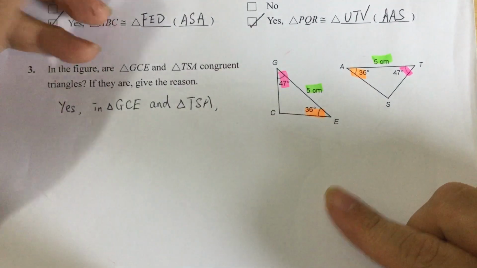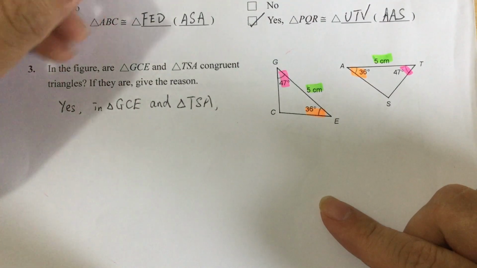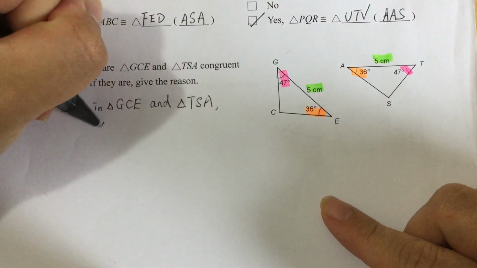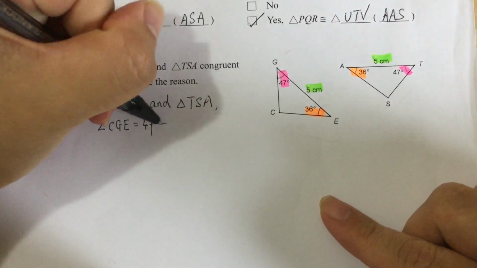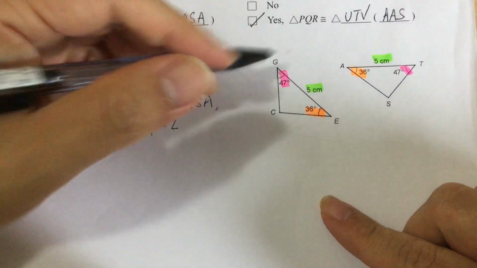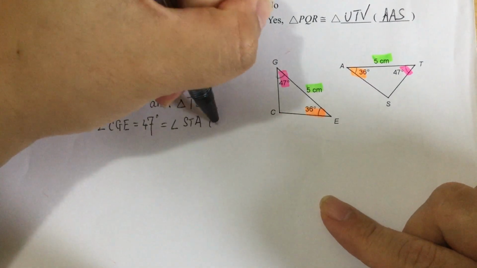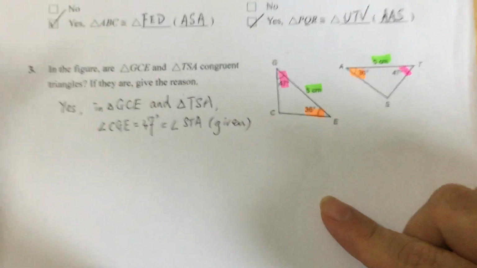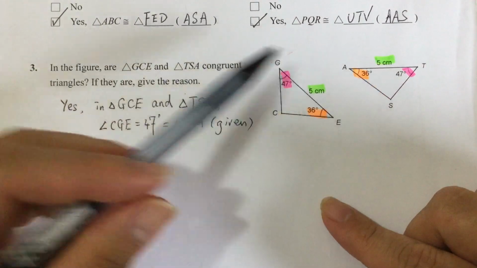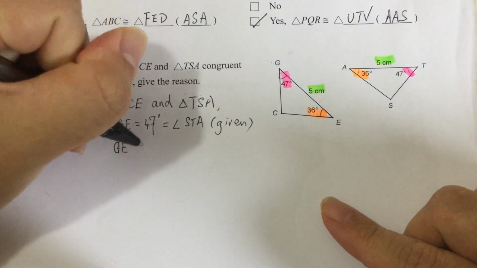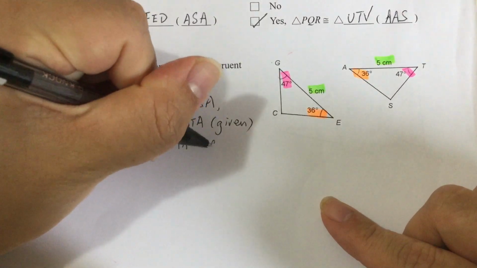Okay, we have two angles, so we write down all the conditions. The first condition is 47 degrees. So I write angle CGE is equal to 47 degrees, which is equal to angle STA. This one is given. What about the second condition? We will use GE and then TA. So GE is equal to 5 cm, equal to TA. Once again, this is given.